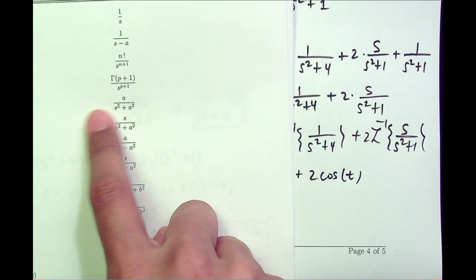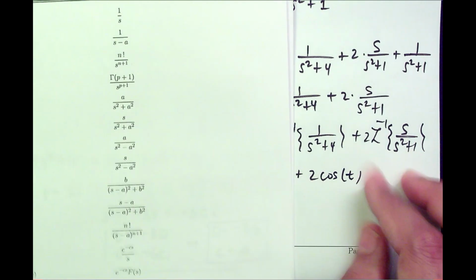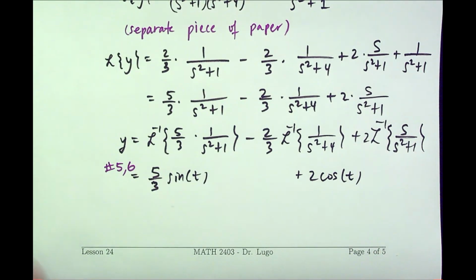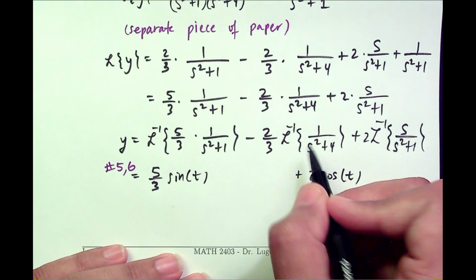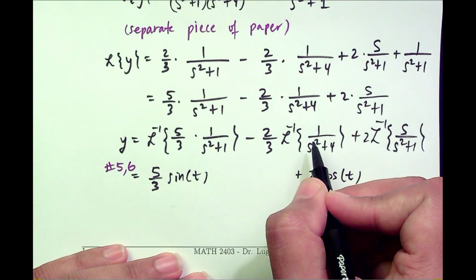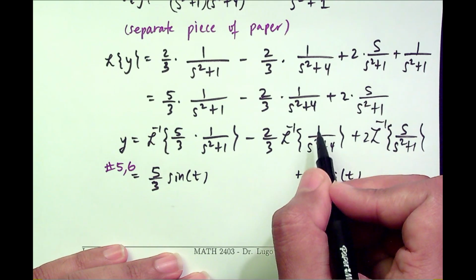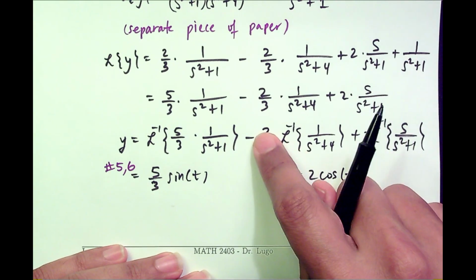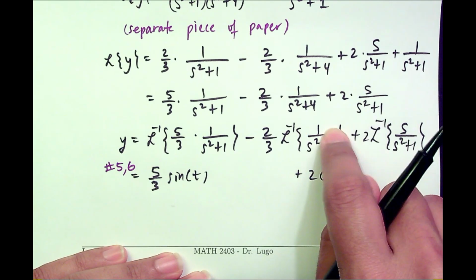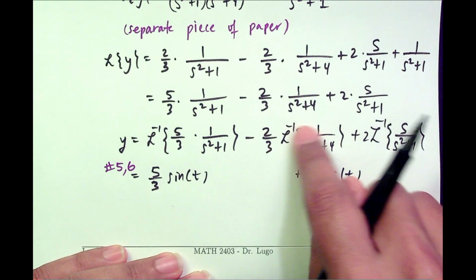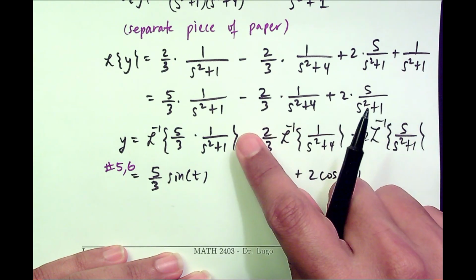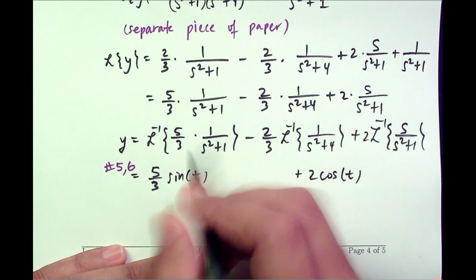So we need to put a 2 in there. But if you put a 2 in there, we need to get rid of it. You can do either of the following two things. You can borrow the 2 from there and put it in there because we need it. Or you can just put a 2 there and then multiply by half outside just to cancel that, which is what I'm going to do.